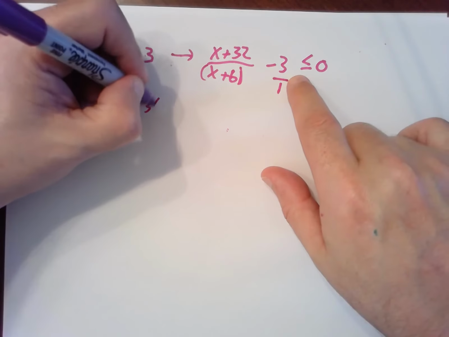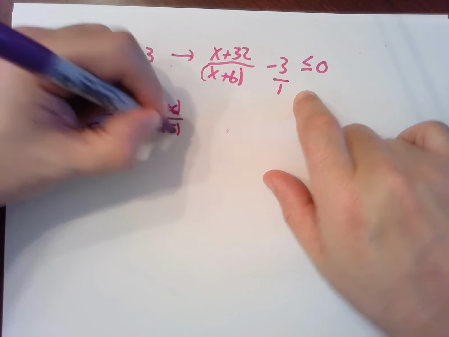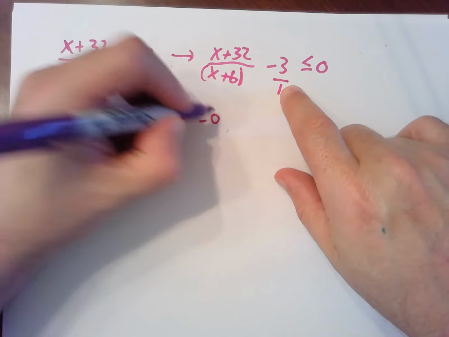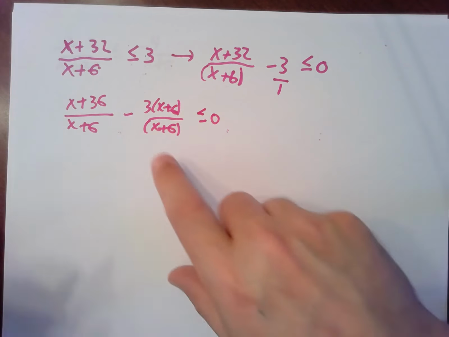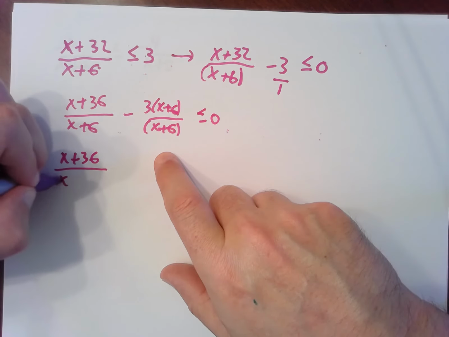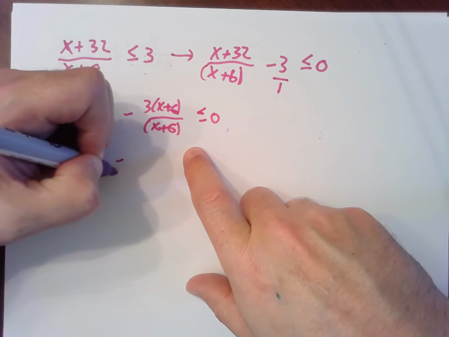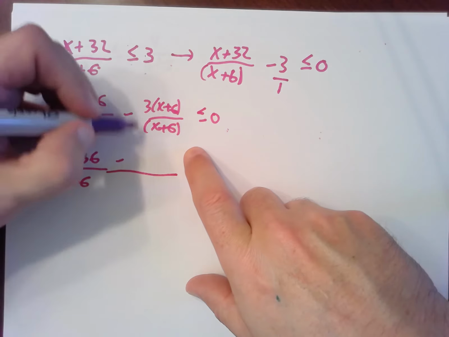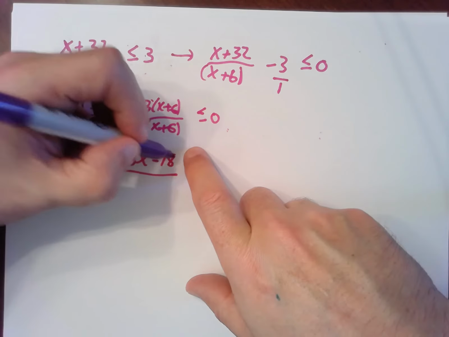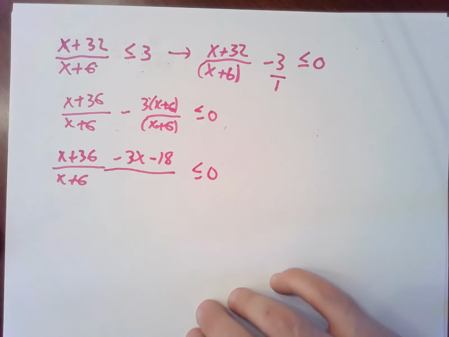So I have to multiply top and bottom of this fraction by x plus 6. Okay, so that will give me x plus 36 over x plus 6 minus, distributing that minus, let's write this all as one fraction, minus 3x minus 18 all over x plus 6, and that is supposed to be less than or equal to 0.